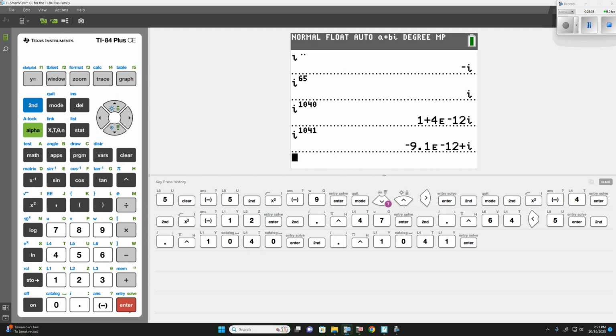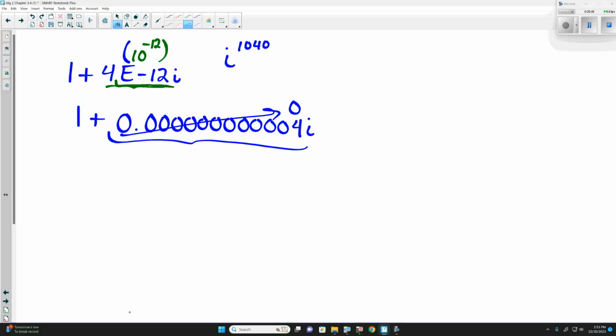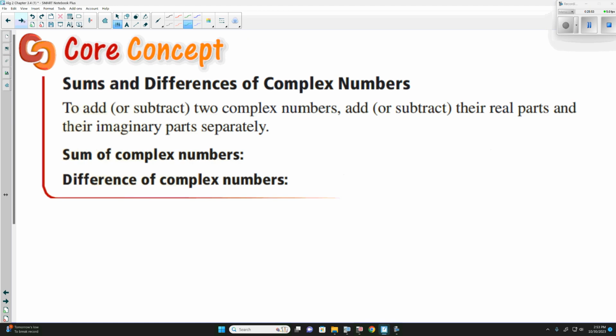If we hit enter, now we get that times 10 to the negative 12th applied to the first term, which means it's 0, and we just have I. So if it's a small enough power, we can plug it into the calculator. But with 1040, it's easier just to divide it by 4 and pick out the answer. So there are some things the graphing calculator can do. It just doesn't make it easier.